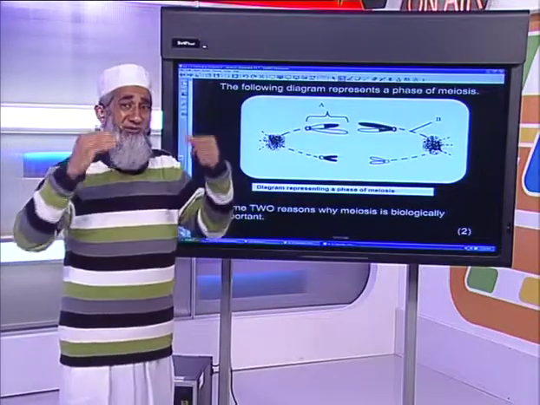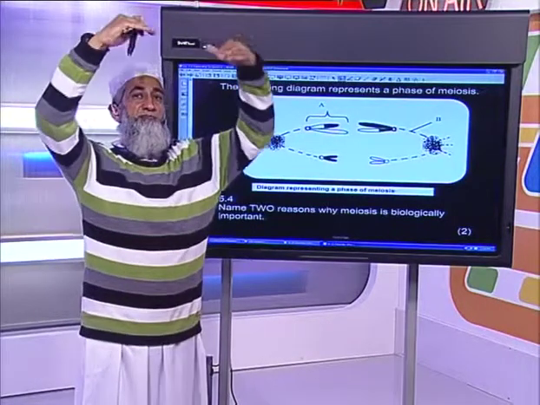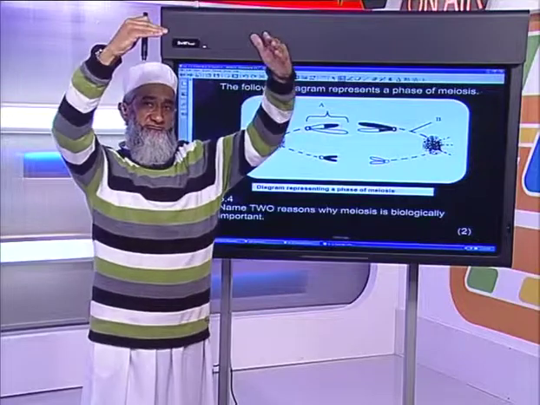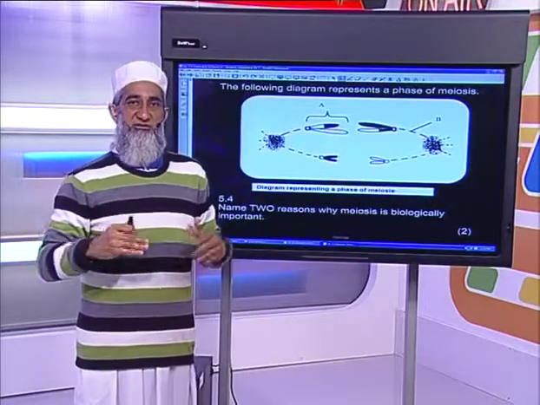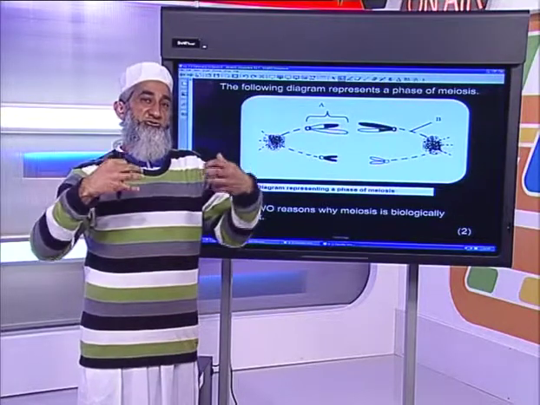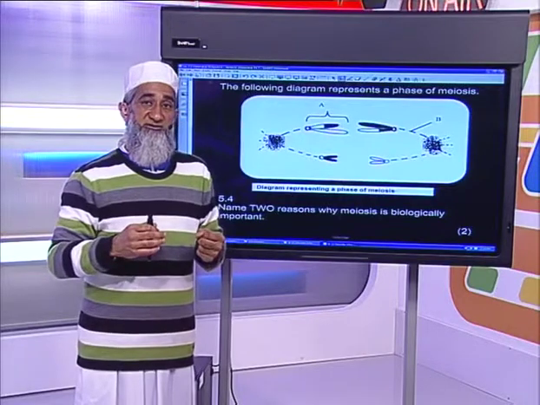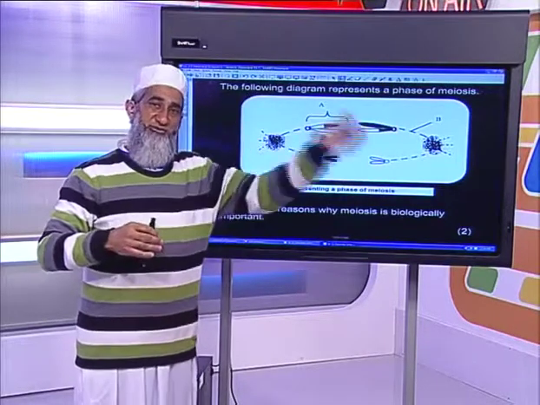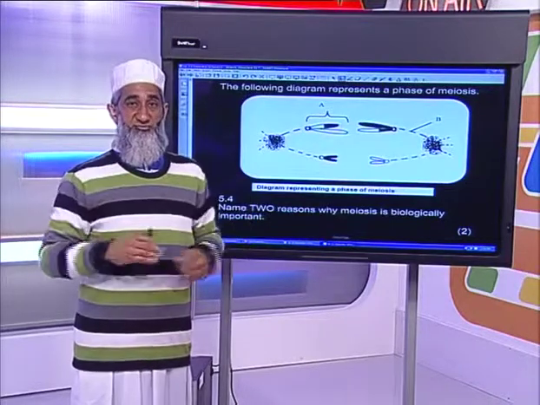Now, meiosis makes sure that from our parents coming to us, they had 46, we still have 46. You must remember that for us to be conceived, fertilization had to take place. There was some fusion. Now, if we had 46 from the mother and 46 from the father, then obviously we would be having 92.